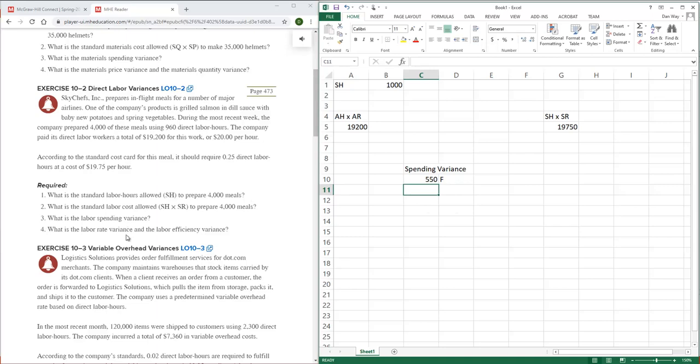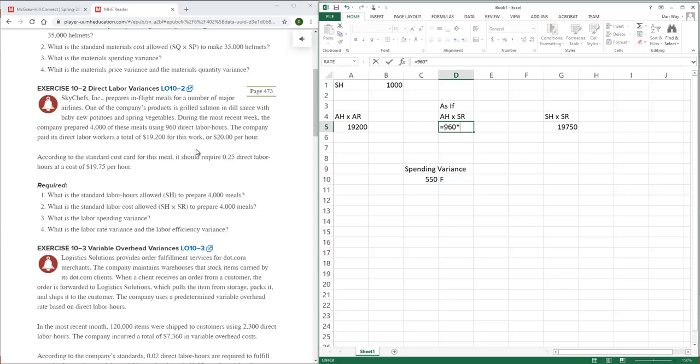Part 4 asked us to find the labor rate variance and the efficiency variance. So we're going to need our as-if type budget in the middle here, and that's our actual hours times our standard rate. Here we knew the actual hours were 960 based on what was given.